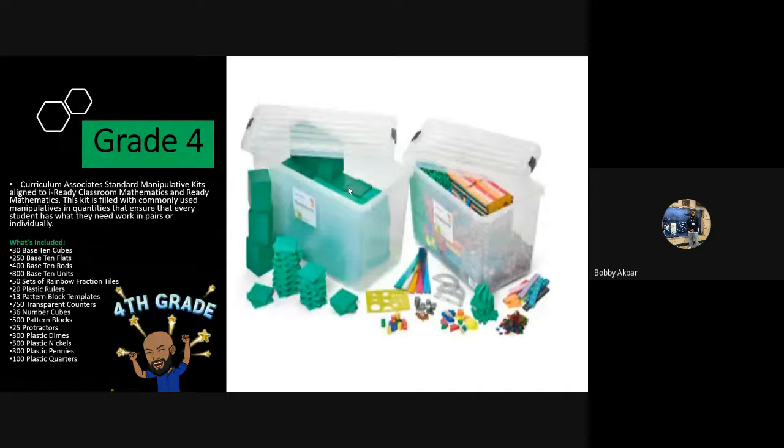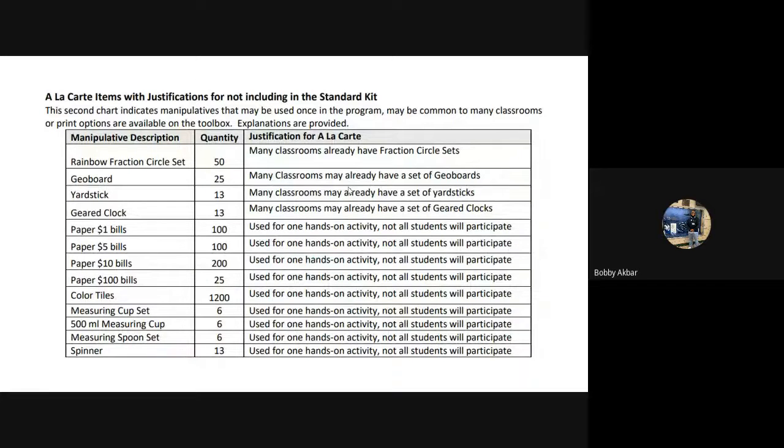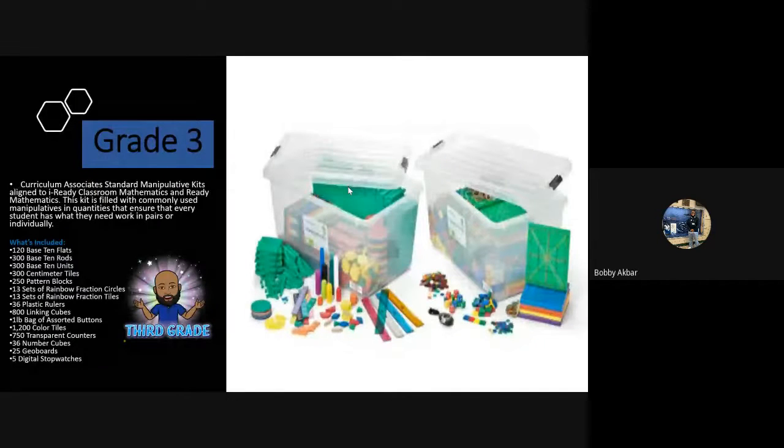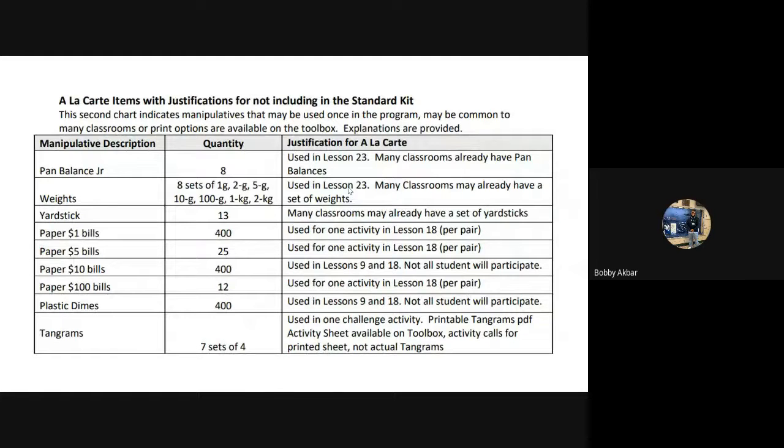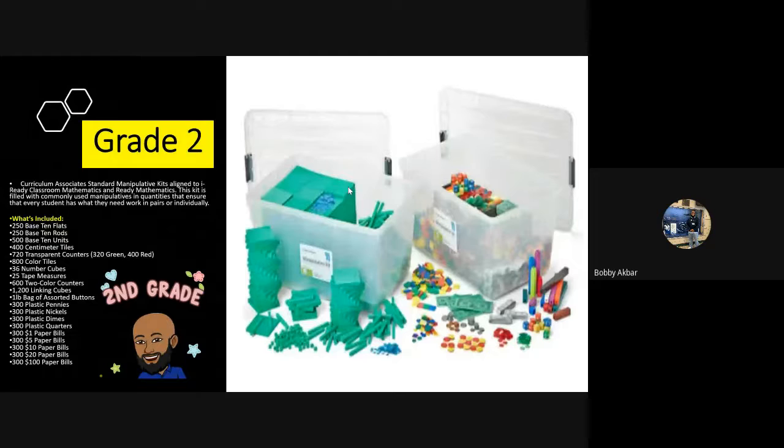Grade 4, here are the items in the kits that were given to you. And again, every grade level kit is for a classroom of 25. Your a la carte items. Grade 3, here's a list of your items. Grade 2, what I love about these, with the base ten, the flats, the rods, and the different units, is that they're soft.